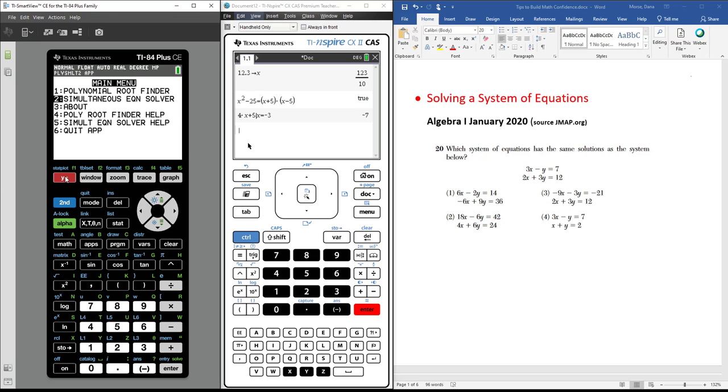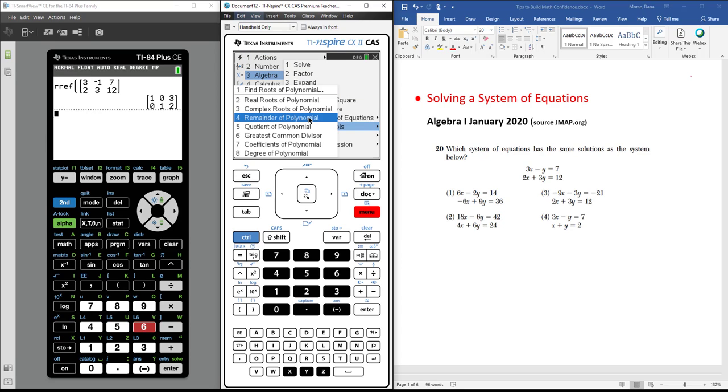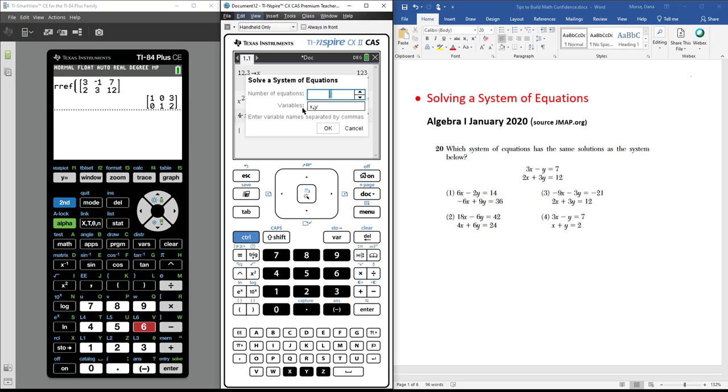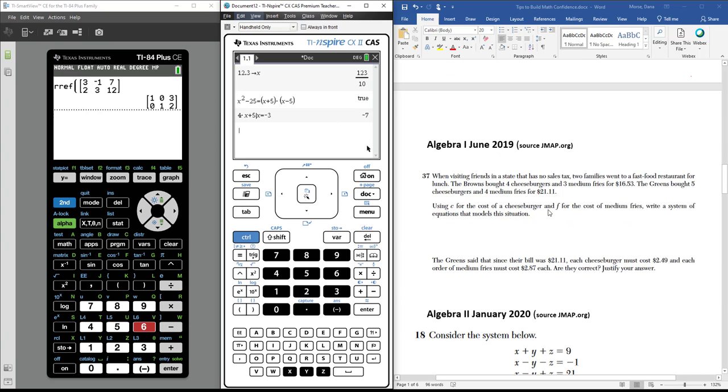I'll go back to my main menu, and I'll quit the app. The Inspire menu, Algebra, solve systems of equations, and it too has a solver right here. I'll show that actually for this word problem.